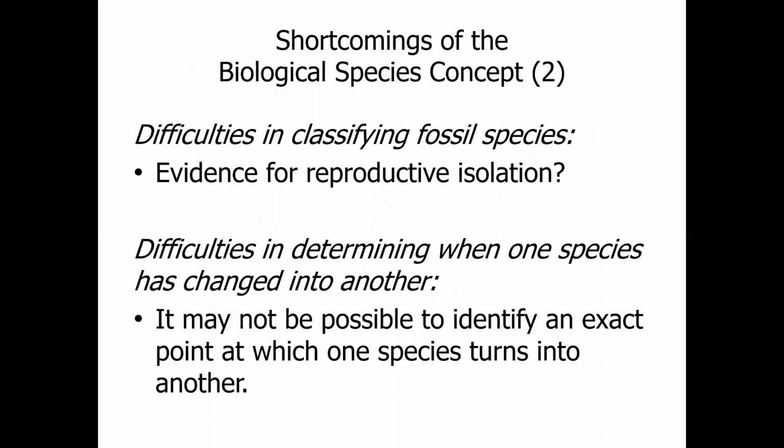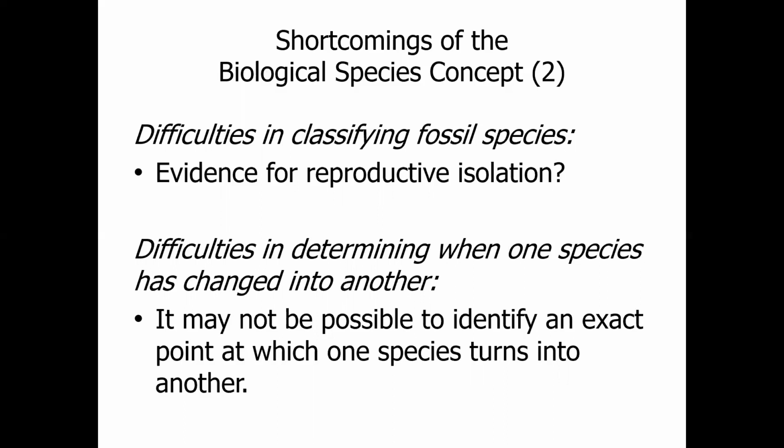Next is the difficulty of classifying a fossil species. Because the fossil record is not as robust as we would like, we don't necessarily know if organisms were reproductively isolated, or if they had different structures or sizes or shapes in terms of reproductive morphology. We don't really know because we're lacking a lot of evidence.